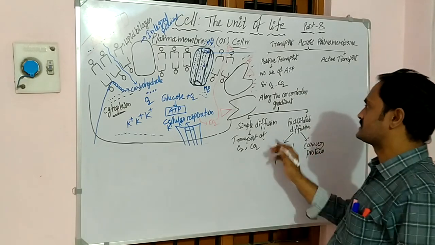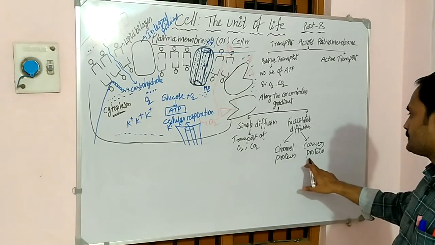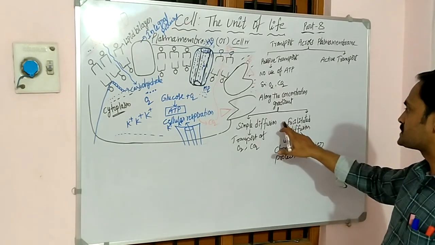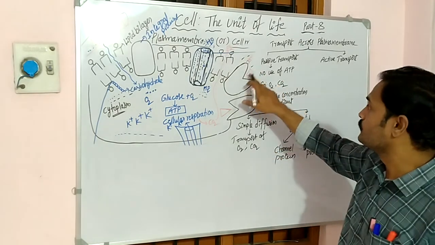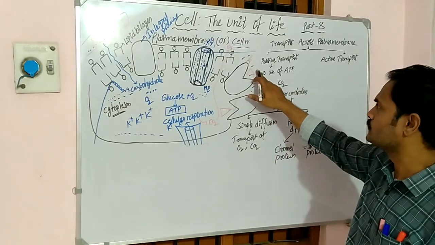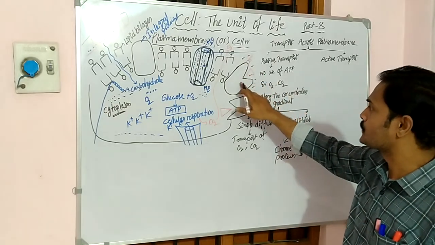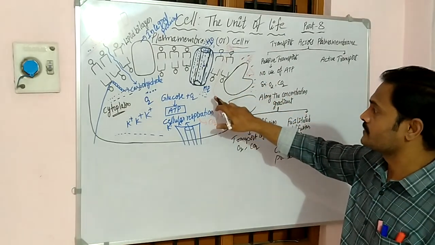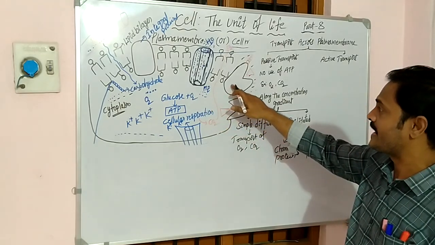Already we discussed these two types of proteins. Some substances move into the cell or out of the cell through the carrier protein.